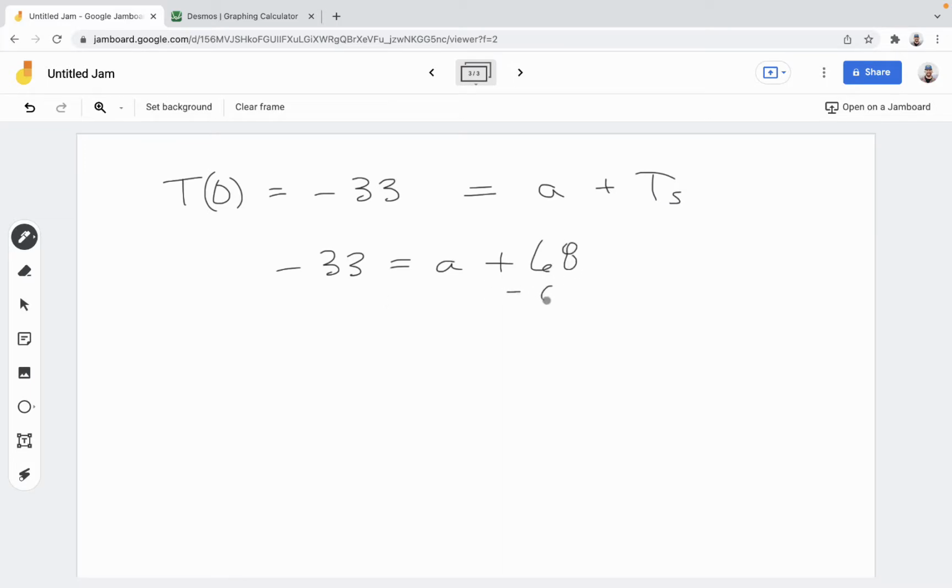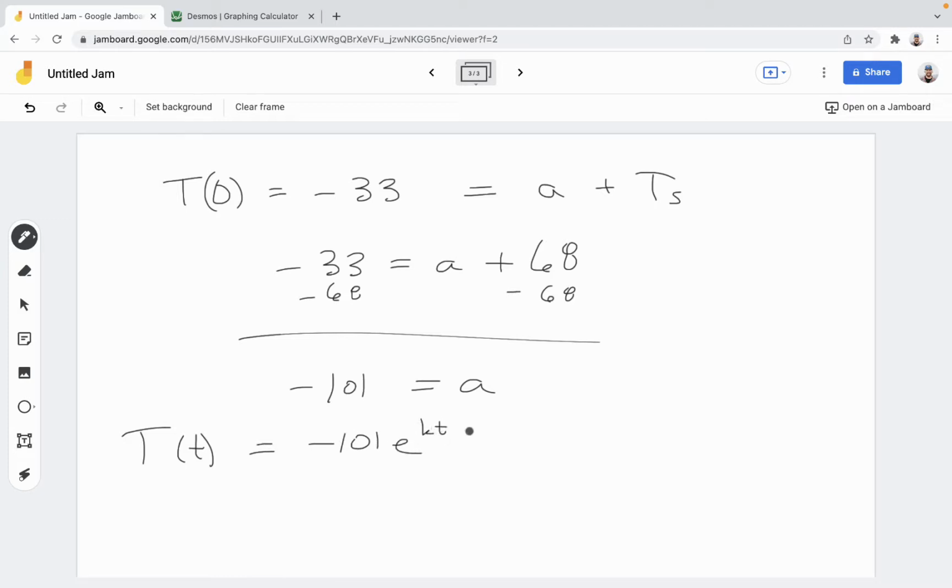If I subtract 68 from each side, I can figure out my A. So that's negative 101. Now I can set up my model: T of t equals negative 101 e to the kt power plus 68.